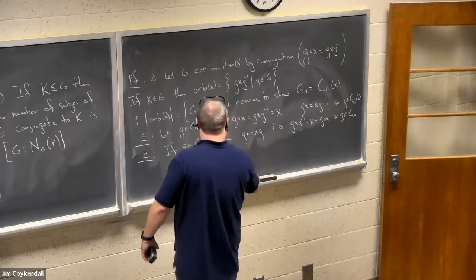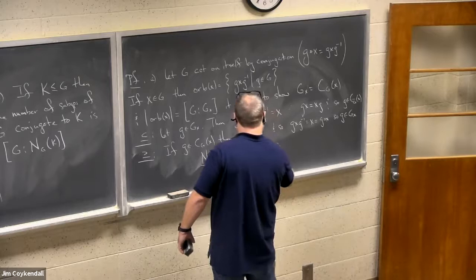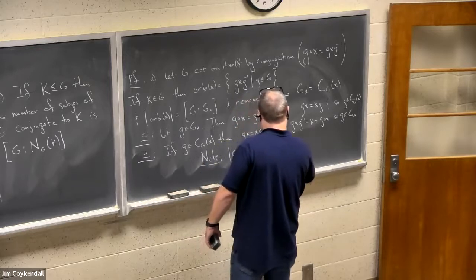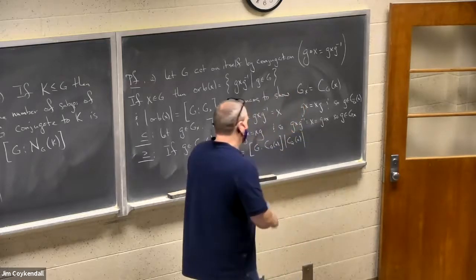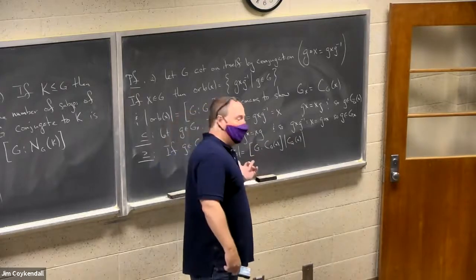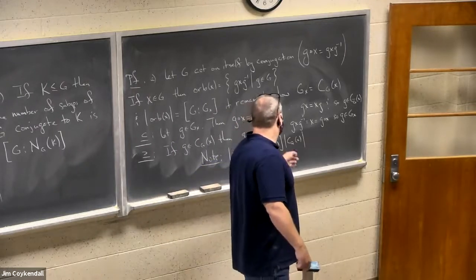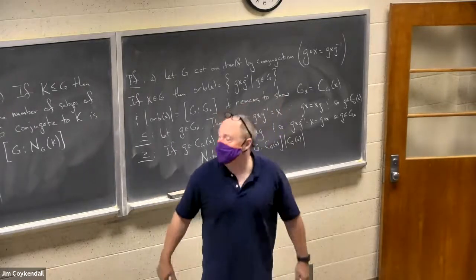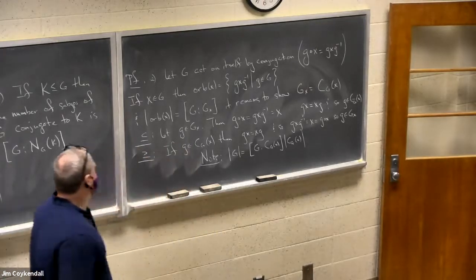Proof that the order of G is the sum, and so this thing must provide the order of G. Notice I do need the proof here. This is the index of the centralizer. Sorry, the centralizer. I'm saying that wrong.